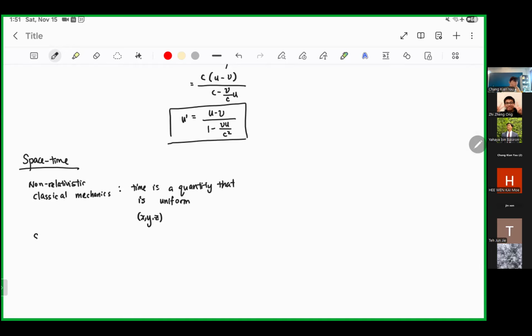But for special relativity, because of the Lorentz transformation, time cannot be separated from the three dimensions of space.